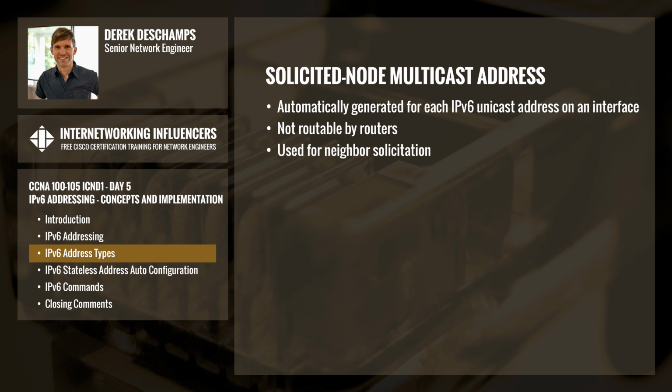Solicited-node multicast addresses are multicast addresses that are automatically generated for each IPv6 unicast address on an interface. Solicited-node multicast addresses are not routable by routers and are used for neighbor solicitation.